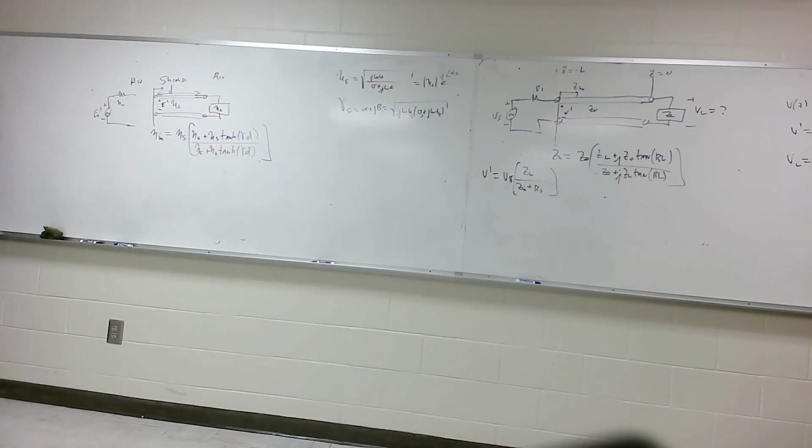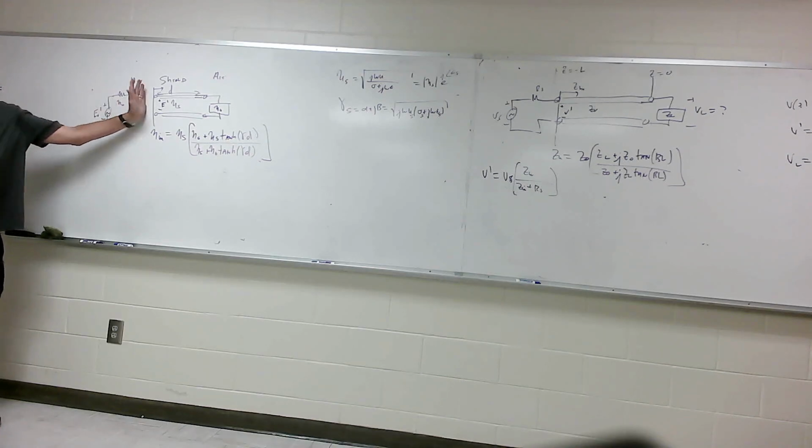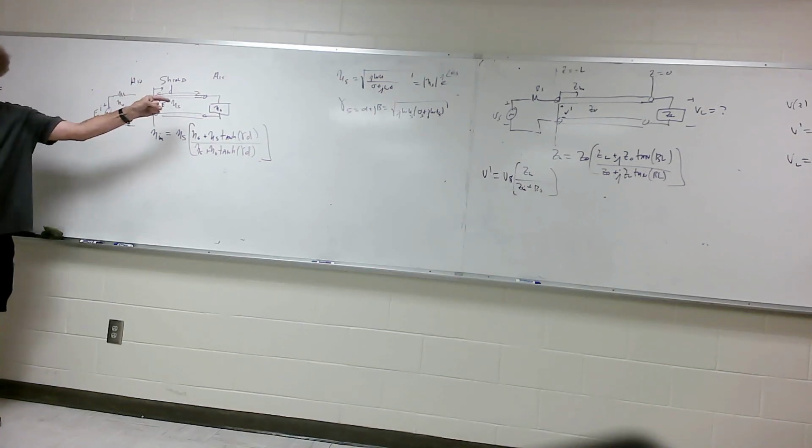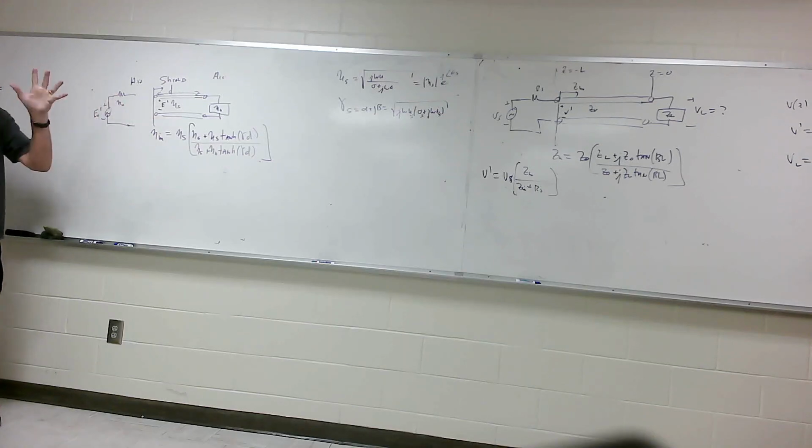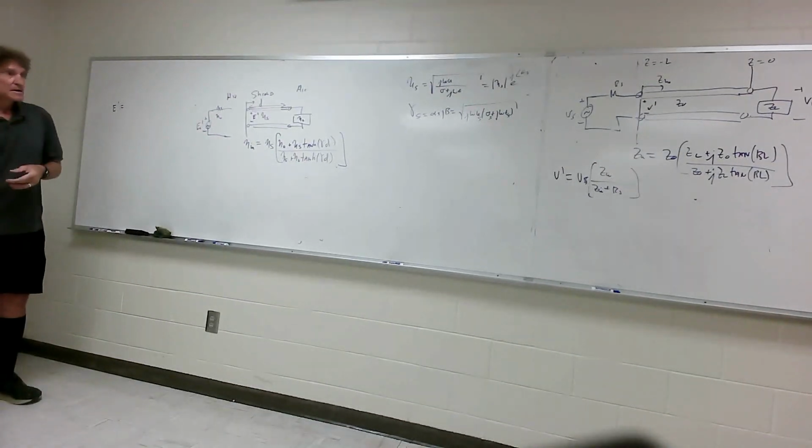So E prime would be equal to, and you know, the transmission coefficient is 2 times the impedance you're going into, which would be eta n over eta n plus eta naught. That would be the transmission coefficient, right?